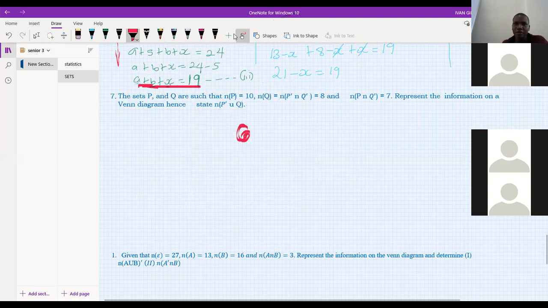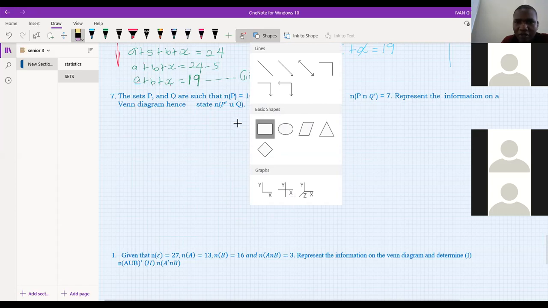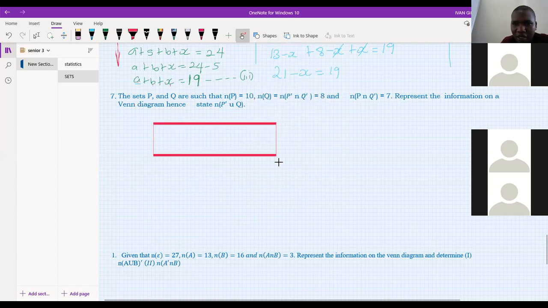Thank you. So they are saying, represent the information in a Venn diagram. Somebody has just shared with us a Venn diagram there. So let me put one here and we insert those things the way they're supposed to be. I'm using a highlighter. Let me put a pen.